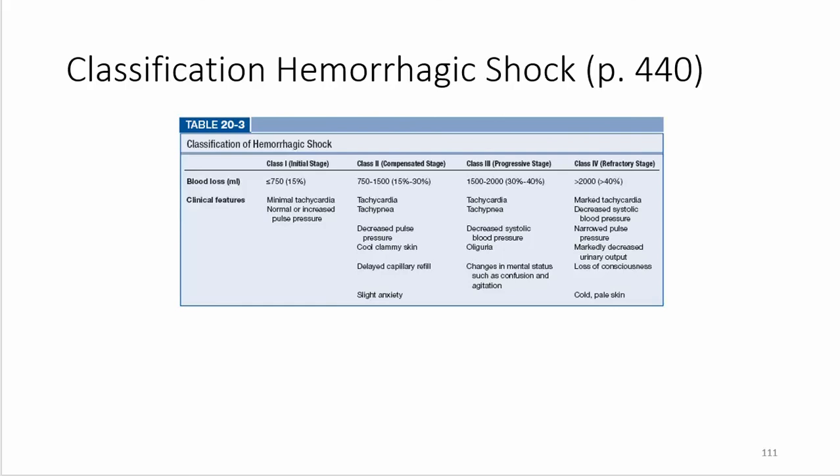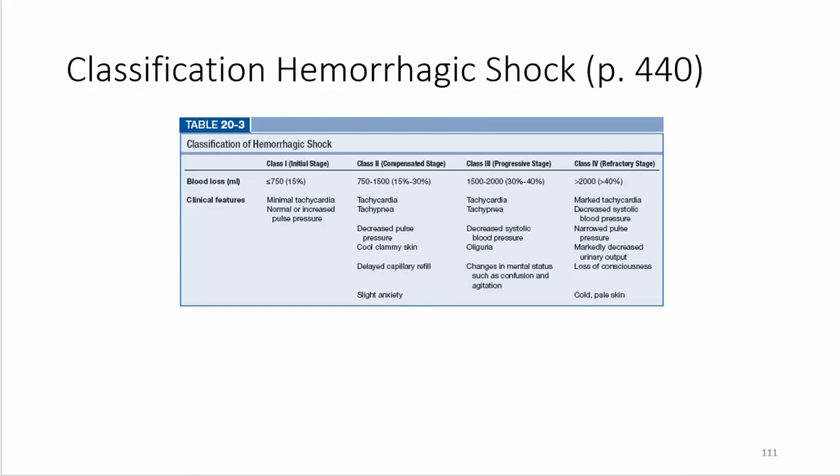The reason that you get an increased pulse pressure is because the lack of volume means that the diastolic blood pressure goes down, which means the systolic blood pressure goes up to compensate so that the mean arterial pressure is normalized. This is all compensatory. So really what you're going to see is some blood loss, a little bit of increased heart rate to increase cardiac output, and an increased pulse pressure because the diastolic drops.